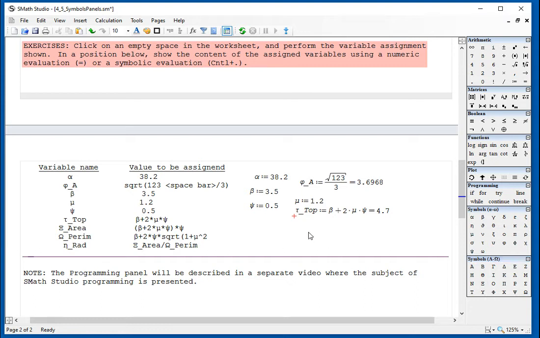So you type X uppercase Control G, put a sub underline and say area, equal, parenthesis, beta B Control G plus 2 times M Control G times Y Control G, spacebar, times G Control G or Y Control G. Then we go and call it uppercase omega.